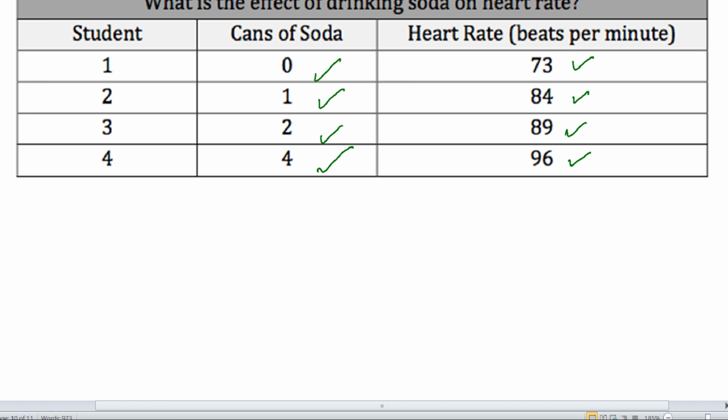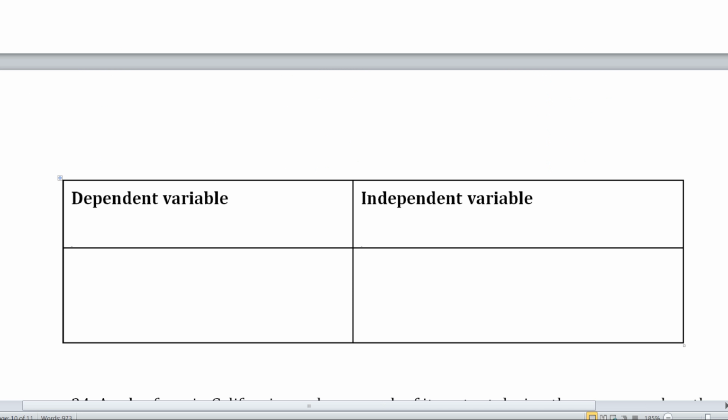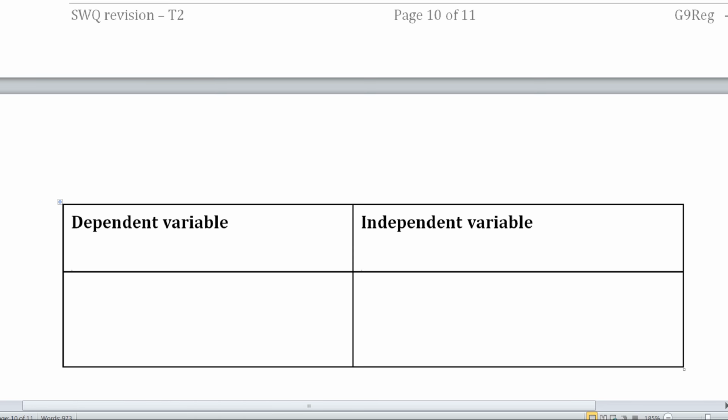And this means that the relation between them is directly proportional. So the independent variable was the number of cans of soda. The dependent variable was the changes in heart rate.